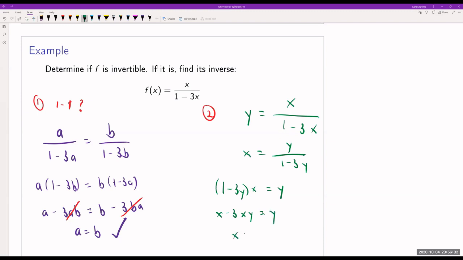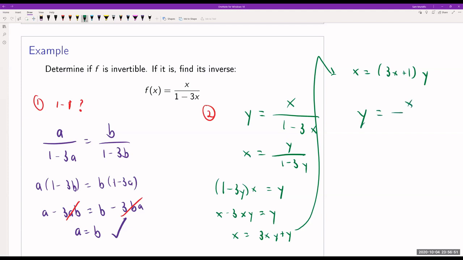Then I'm going to say x is equal to 3xy plus y. And now I am going to factor, because I would like to get y by itself. So I can pull out this 3x plus 1, leaving me with y behind. And thus y is equal to x over 3x plus 1.